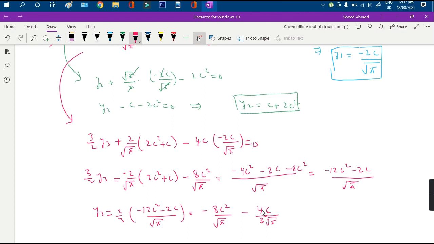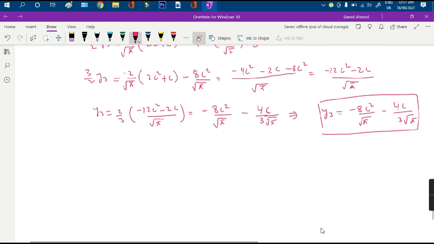So this is my y3. So y3 is minus 8c square over square root of pi and minus 4c over 3 times square root of pi. This is my fourth component, y3.